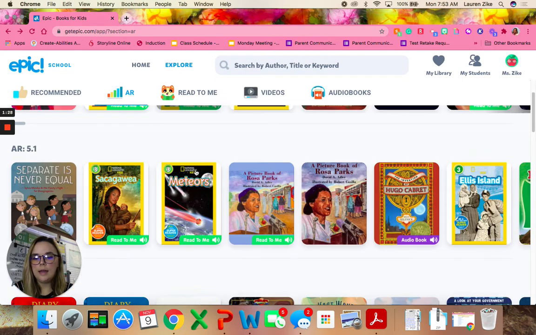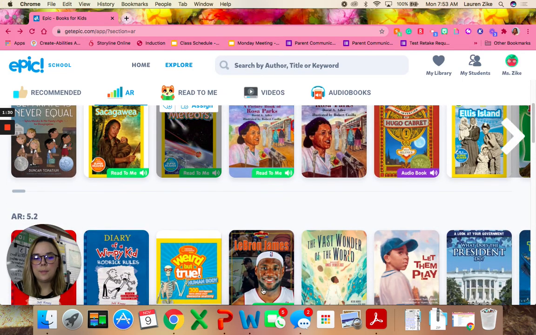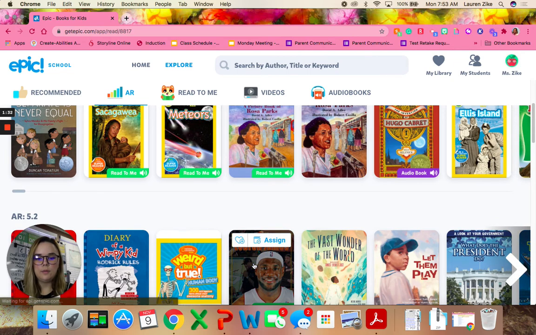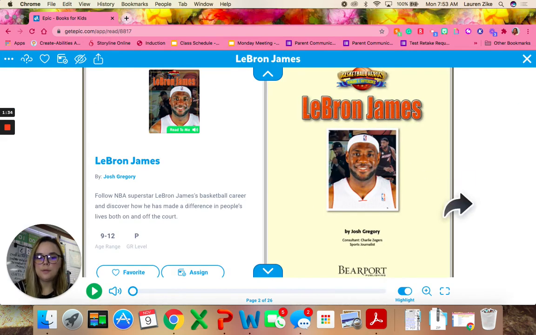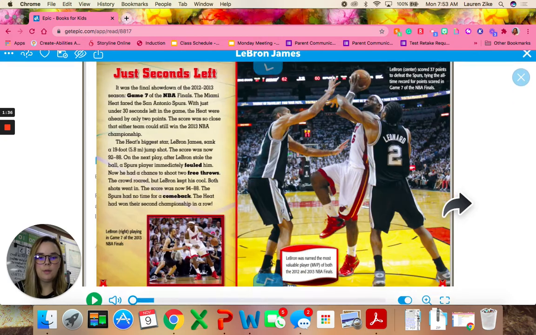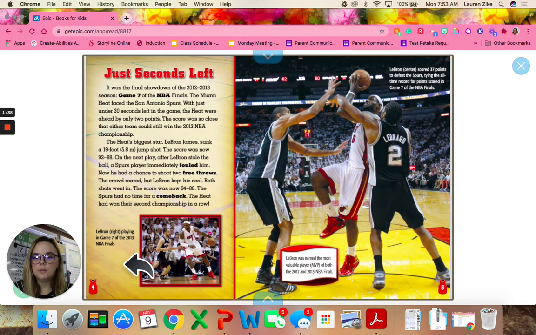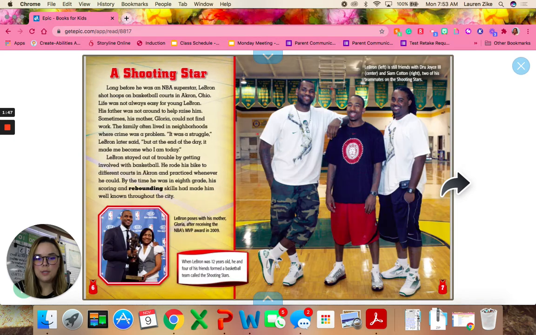Let's look at, we'll look at this one about LeBron James. So this is an informational text about LeBron James. So we'll see some photos and they're all captioned. So when you see these little pieces of text with the photos, those are the captions.